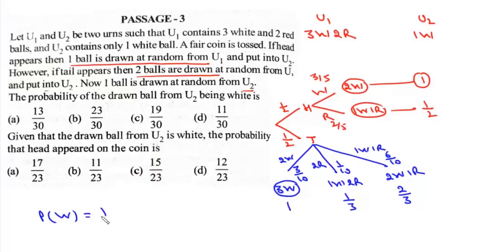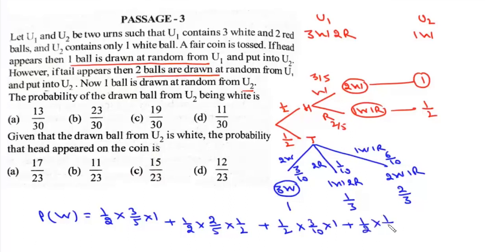So it will be this 1 by 2 into 3 by 5 into 1 plus 1 by 2 into 2 by 5 into 1 by 2 plus 1 by 2 into 3 by 10 into 1 plus 1 by 2 into 1 by 10 into 1 by 3 plus 1 by 2 into 6 by 10 into 2 by 3.